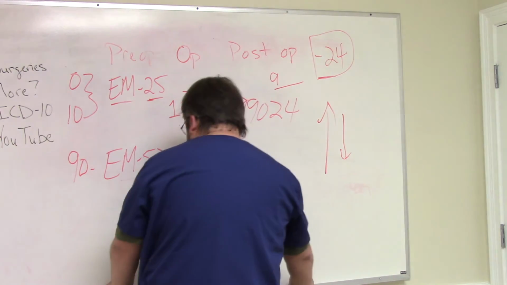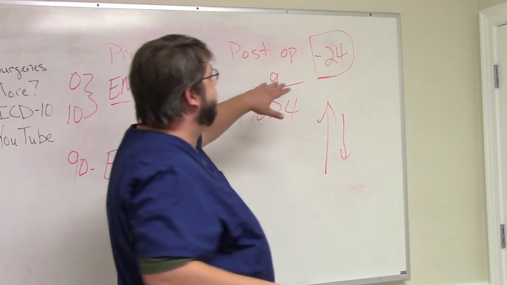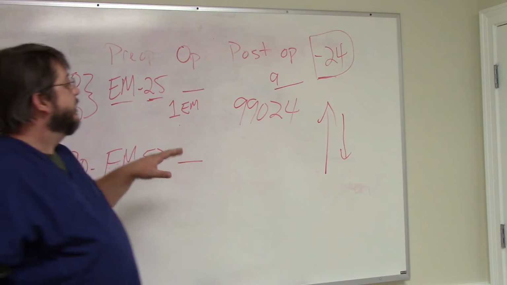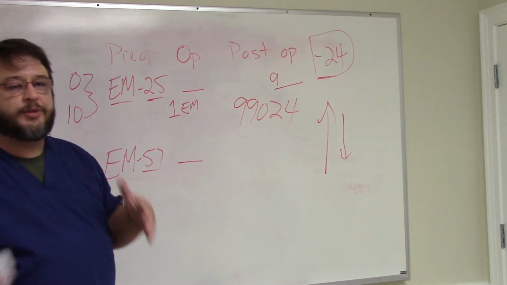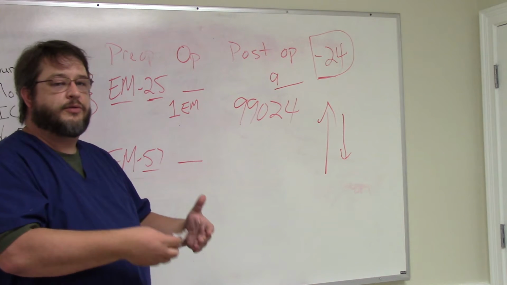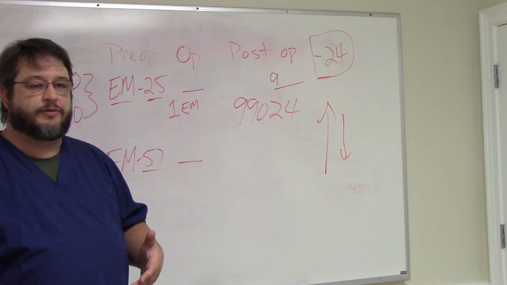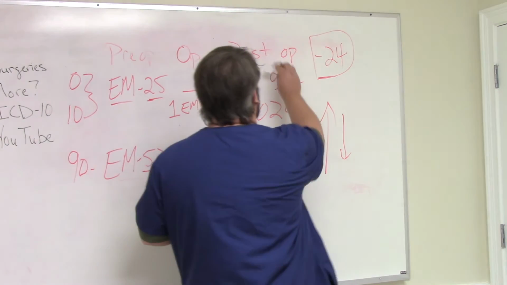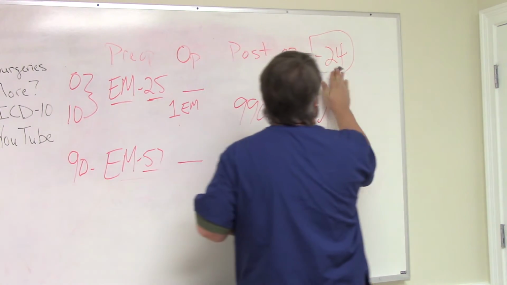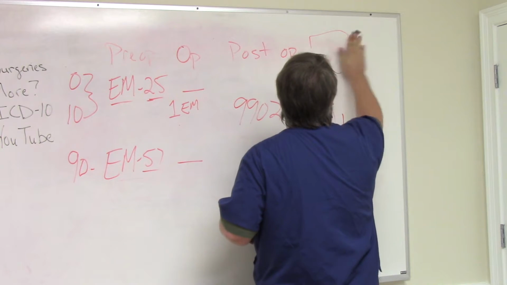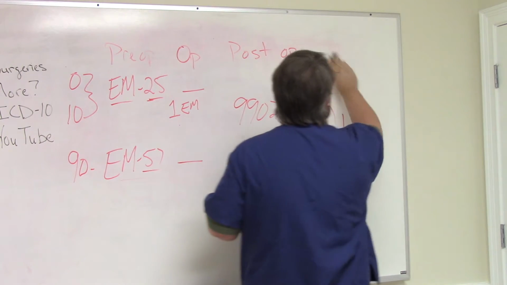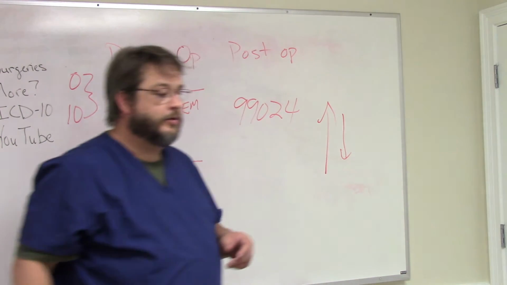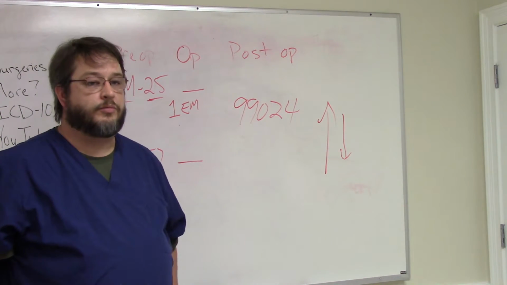That one code's weird, but my point is that if during this whole thing the patient comes to you for something other than what the surgery was done for. 99024 is a post-op follow-up visit, normally included in the surgical package, to indicate that an evaluation and management service was performed during the post-op period for reasons related to the original procedure.